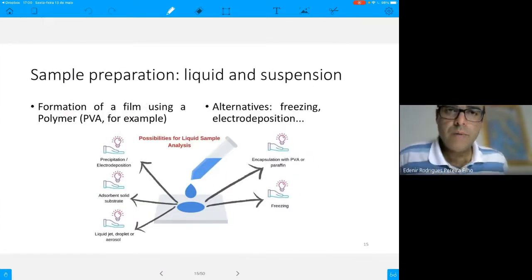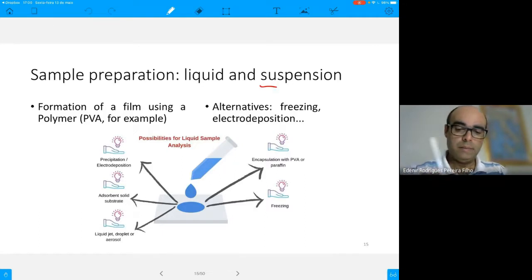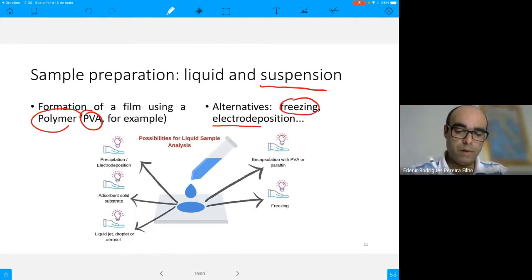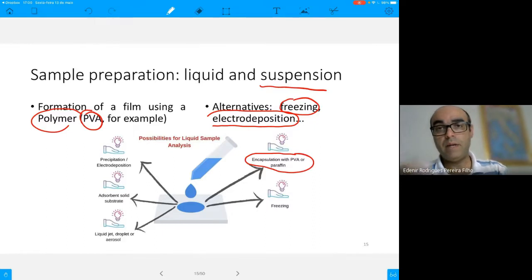Sample preparation for liquids and suspensions. We can immobilize the sample using, for example, a polymer like polyvinyl alcohol, or we can freeze, we can perform electrodeposition of the analyte on a substrate, we can encapsulate the sample with PVA, polyvinyl alcohol, or paraffin, or freeze.